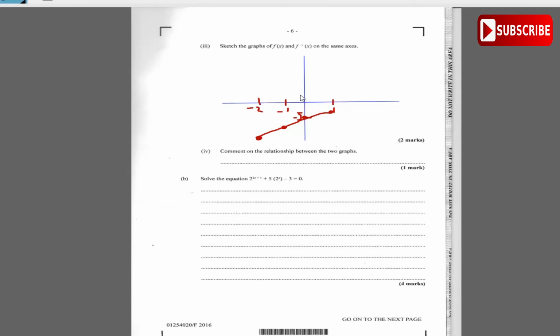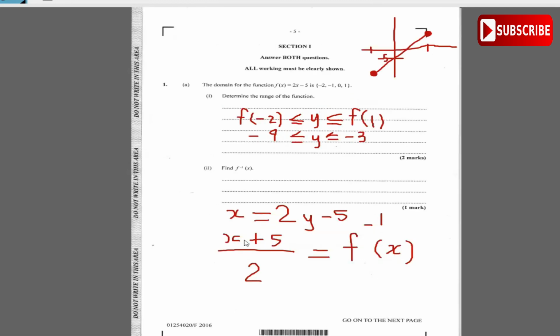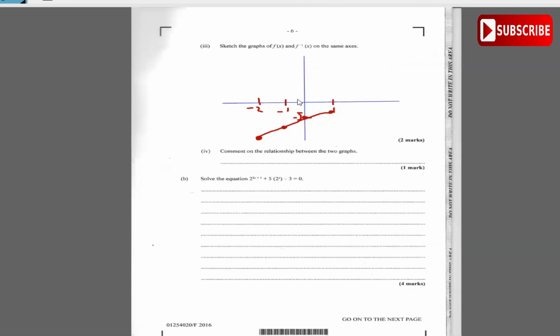So let's sketch this now. F inverse, x plus 5 over 2, cuts the y-axis at 5 over 2 and has a gradient of a half. 5 over 2 is 2.5.